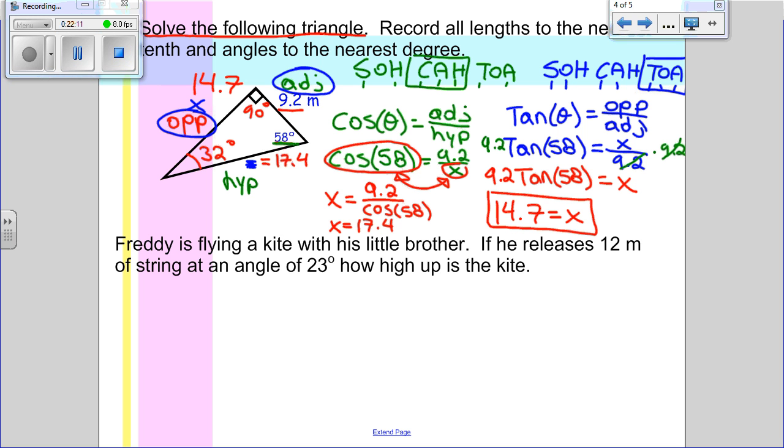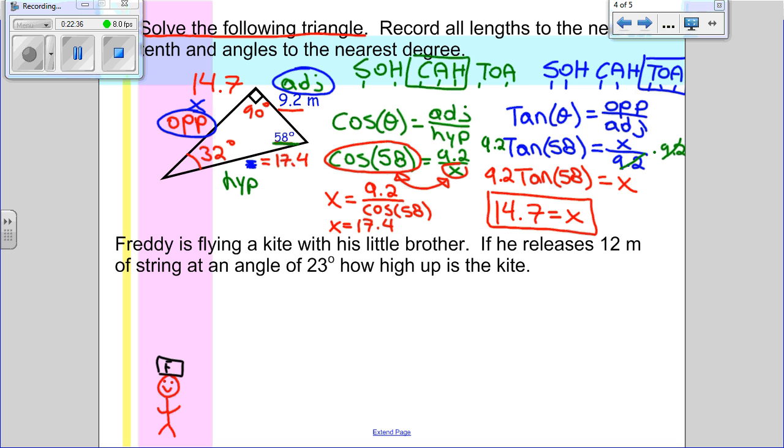So Freddie is flying a kite with his little brother. All right, well, let's draw Freddie and his little brother. And he's got a little hat on. His little hat shows that he's Freddie. And then he's got his little brother with him. And his little brother doesn't wear a hat.